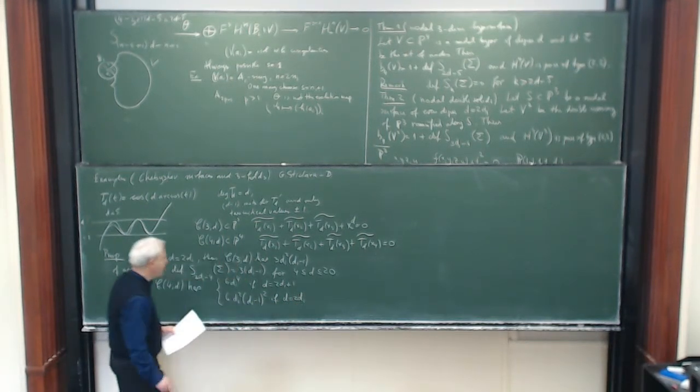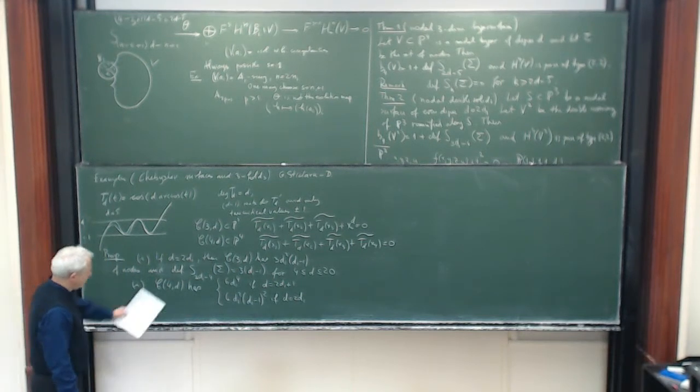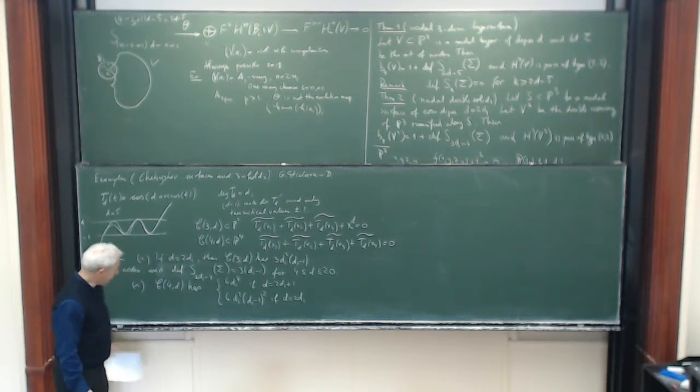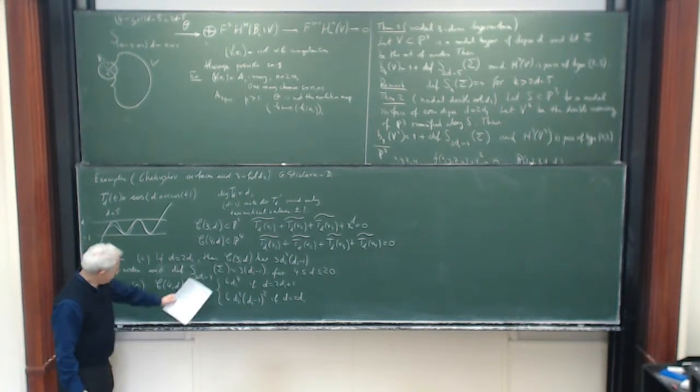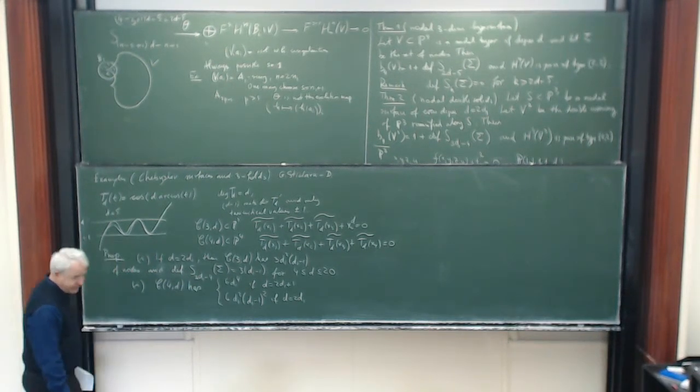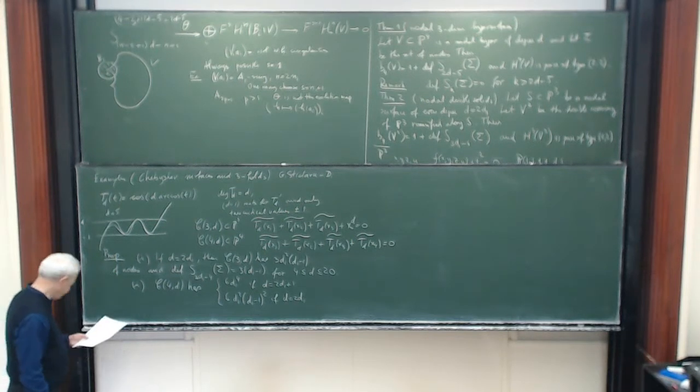So depending on the parity of D, we get various formulas for the number of nodes, but essentially the number of nodes is like a fourth power of D with some coefficients.